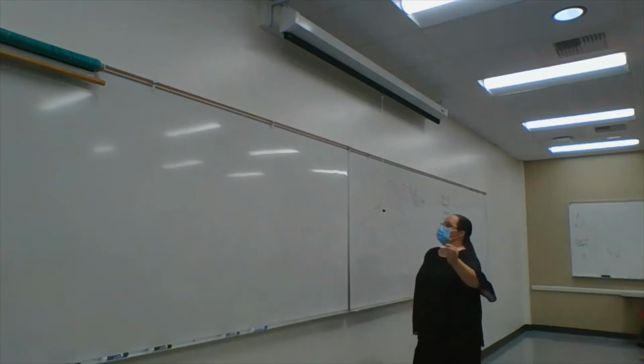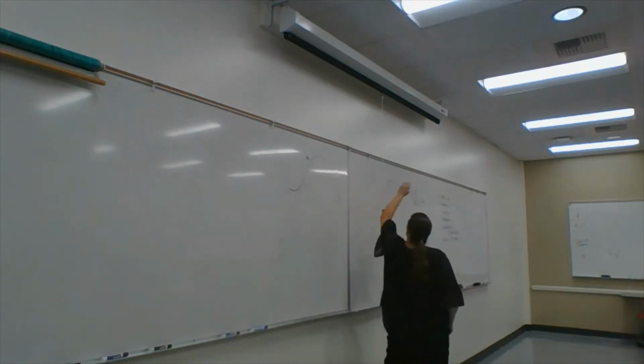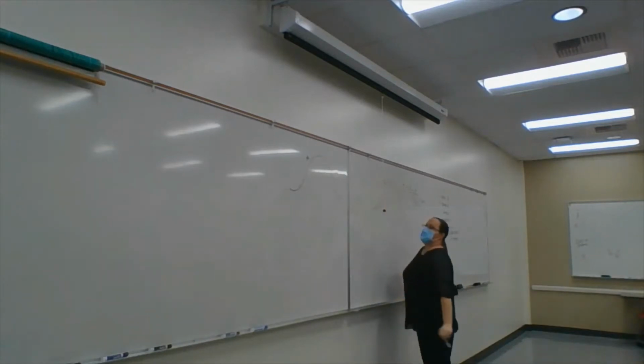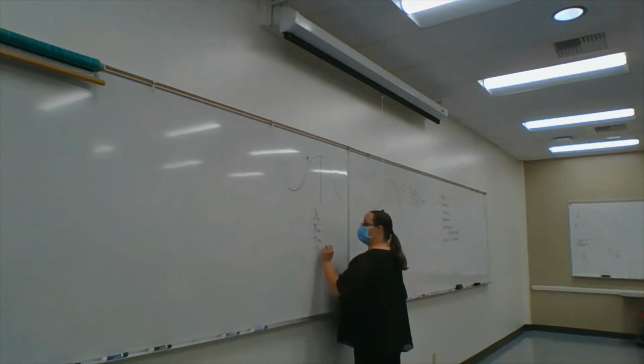Now I'm going to add another sample. So now I have group A and group B. Group A has its own sample mean, its own standard deviation, its own sample size.